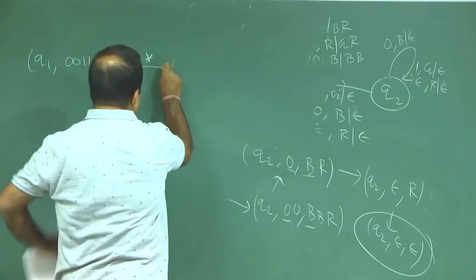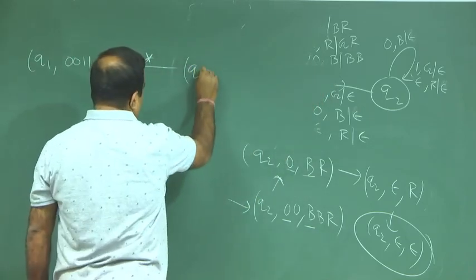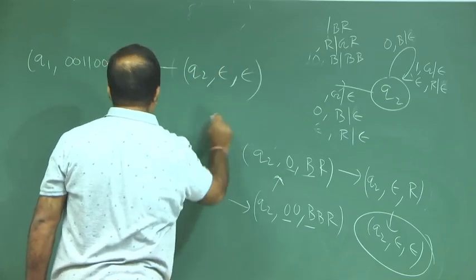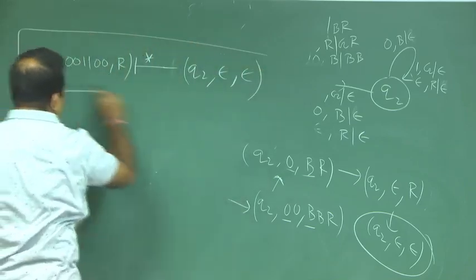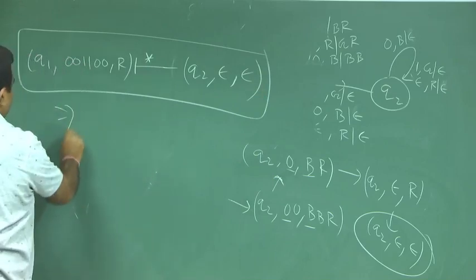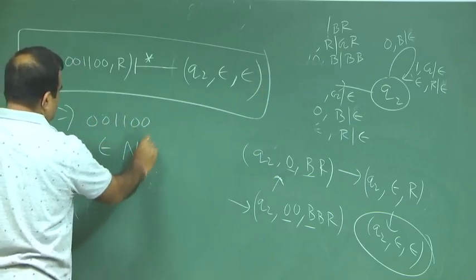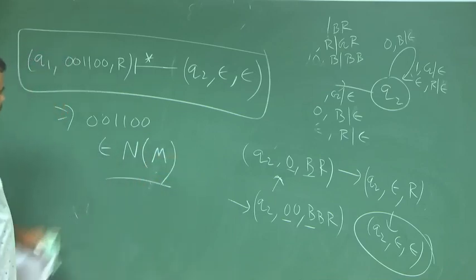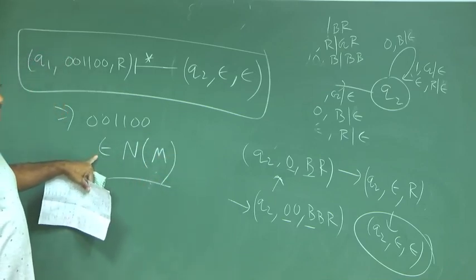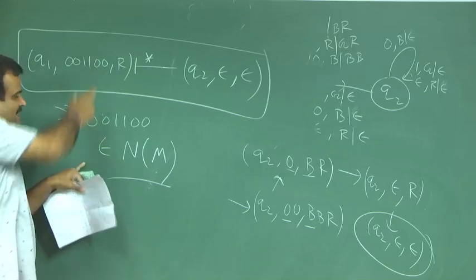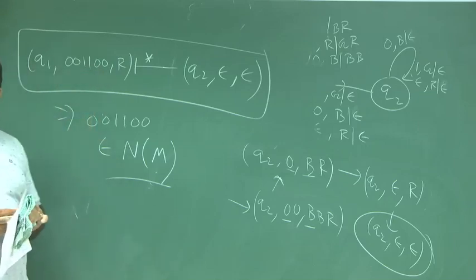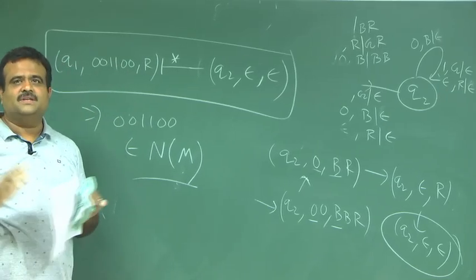This is going to the ID like this, q 2 epsilon epsilon. So, this implies 0 0 1 1 0 0 belongs to N of this. So, this string is accepted by the PDA in the sense of empty stack.